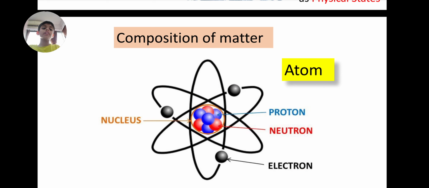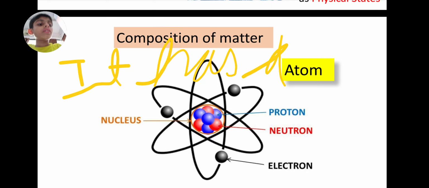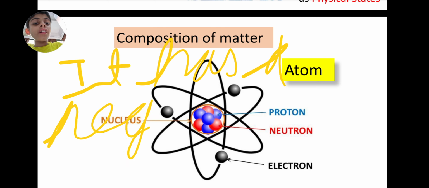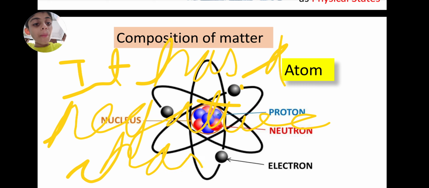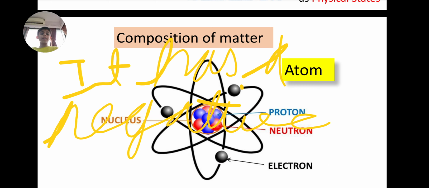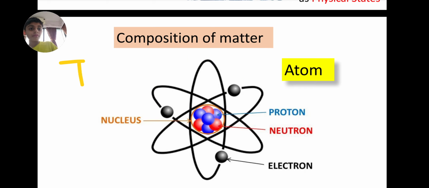Actually, a neutron is nothing, but sometimes it has a negative charge. Okay, it has a negative charge. What is an electron? It is the same.